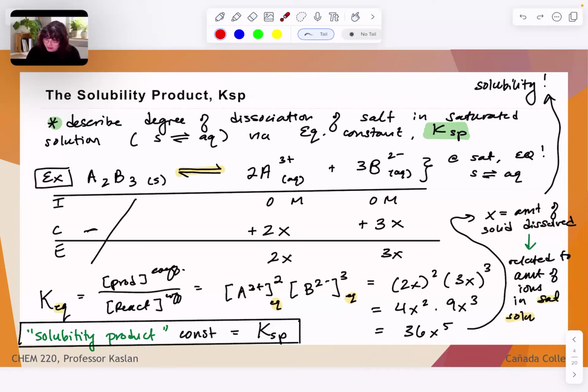And from that, we arrived at this idea that there's a relationship between the amount of ions that we have in this saturated solution and what that means about the solubility of the solid in the first place, meaning how much of that solid we could dissolve.